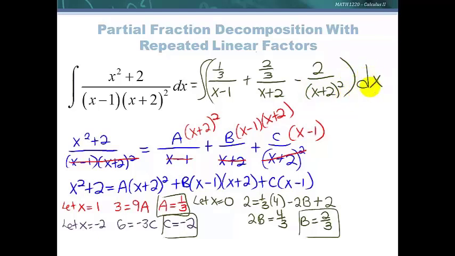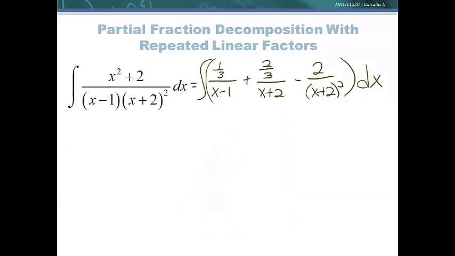So we did our partial fraction decomposition. We have this integral now in 3 separate fractions, and now we're ready to do the integration. In order to do that, I'm going to erase our partial fraction stuff so we can see where we are. So let's see about working this integral.